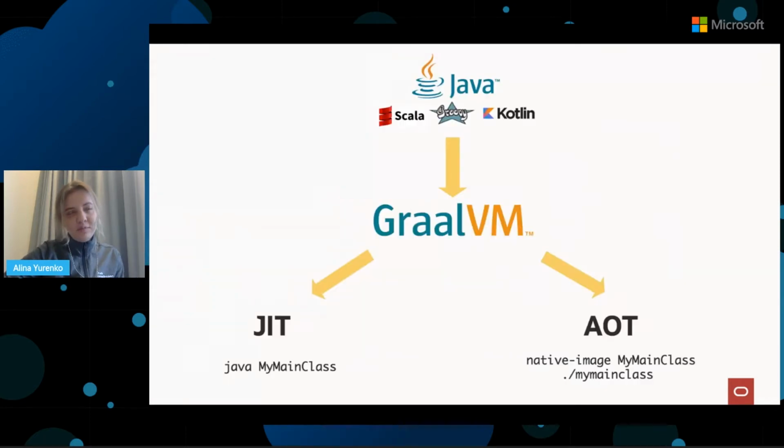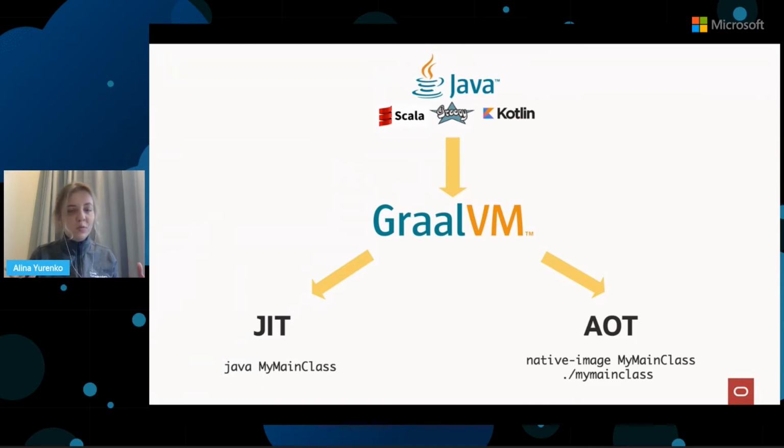Now, let's talk in a bit more detail about how GraalVM can execute Java. There is an important distinction that I want to make: there are a few ways you can run Java on GraalVM. You can run Java on GraalVM in JIT mode as on a JDK, as you, for example, maybe run your applications on OpenJDK or any other JDK, and that is still possible on GraalVM.